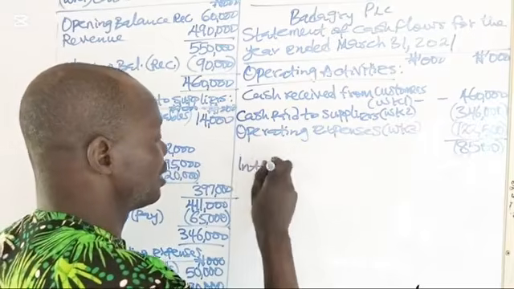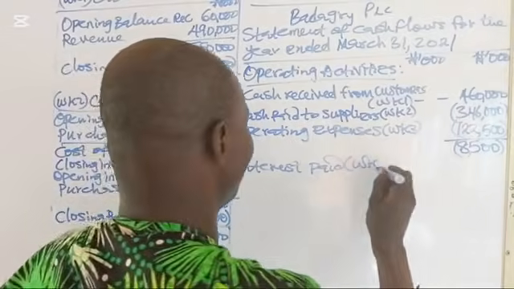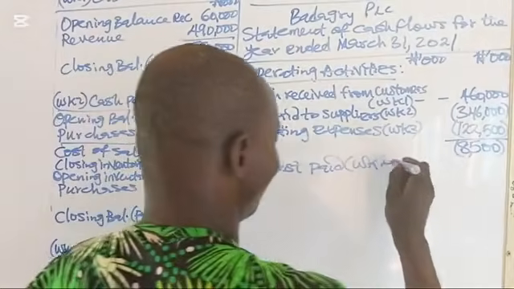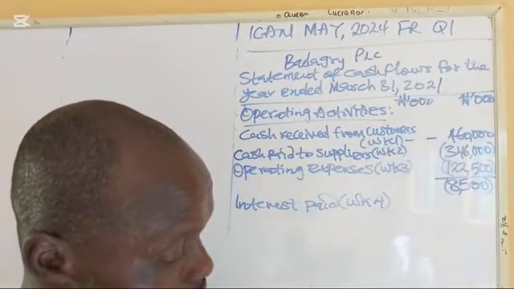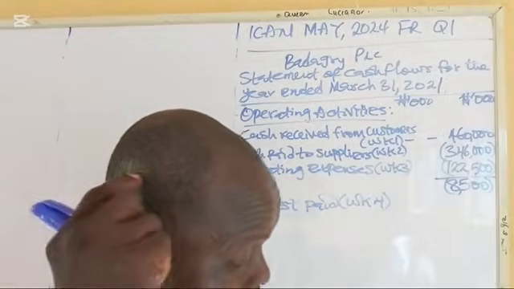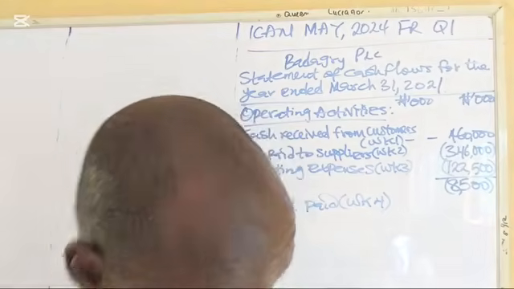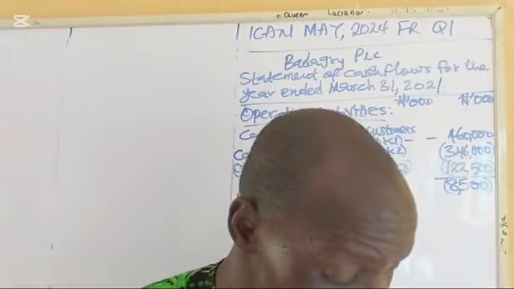The next item should be interest paid. Working number 4. You have interest expense under liability. There is no interest payable under liability. And by the way, are we told we have any interest payable anywhere?